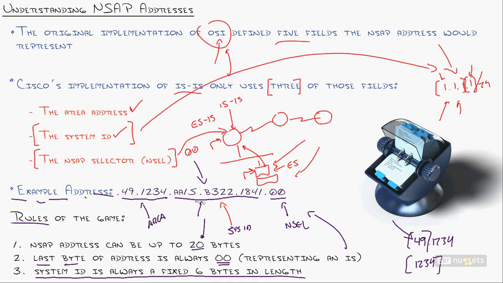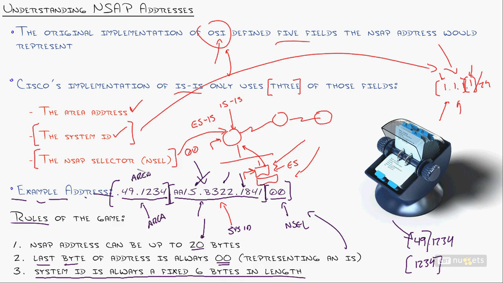And I'll say most vendors that implement ISIS follow that rule as well. So we know that we've got 1 byte right here, the next 6 bytes, which is going to be exactly this size, because each one of these groups in hexadecimal represents 2 bytes. So that's our 6 bytes right there. And then whatever's left over after that represents the area.